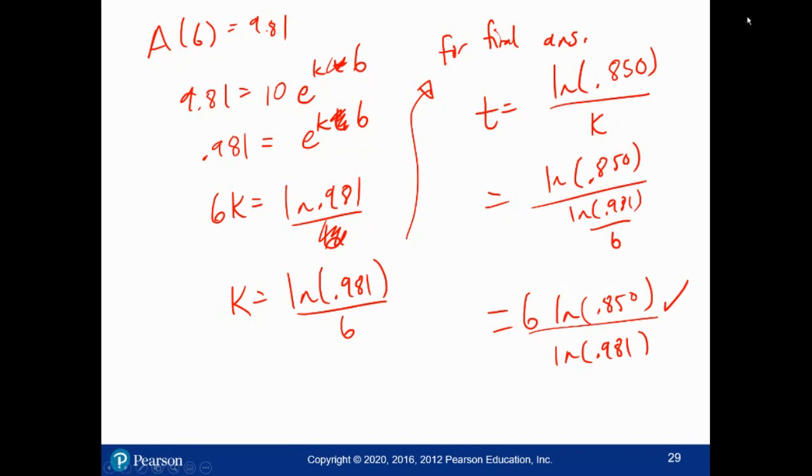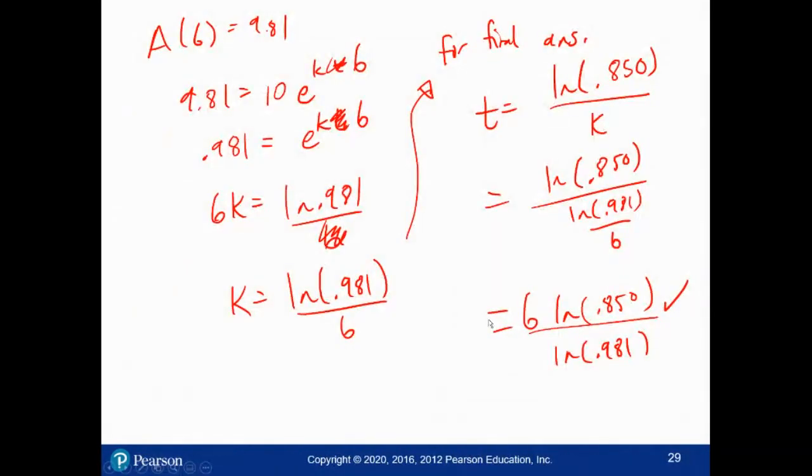And here's my final exact answer. If you wanted to use a calculator to estimate this, you would end up with 50.83.